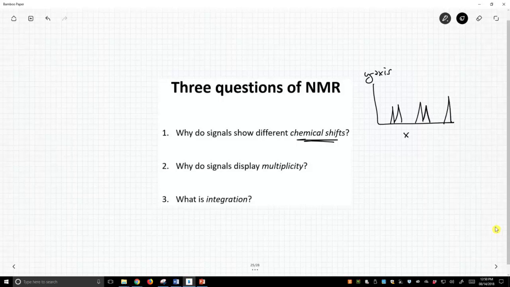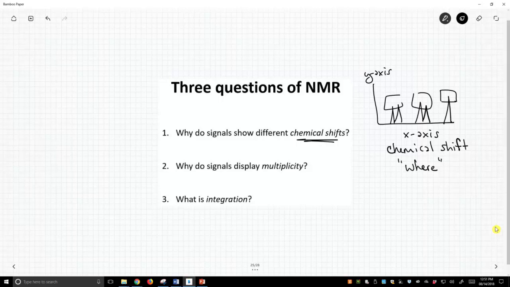And where these peaks fall on our x-axis is called the chemical shift. So this is the where of our peaks. Where do the peaks show up? So we're going to have to learn some chemical shift values, because where these peaks show up is going to tell us a little bit about what each of these hydrogens is doing and what's attached around these hydrogens.